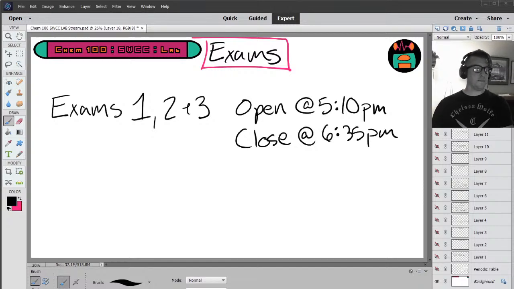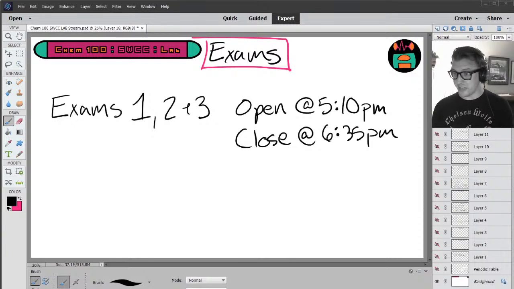That is not necessarily the time you'll have to take the exams. That's when the exam opens, and that's when the exam closes. The actual time varies. Exam 1, I think, is a little shorter, 2 is longer, 3 is in between. But this is when they open and close, which is during our scheduled lecture times.